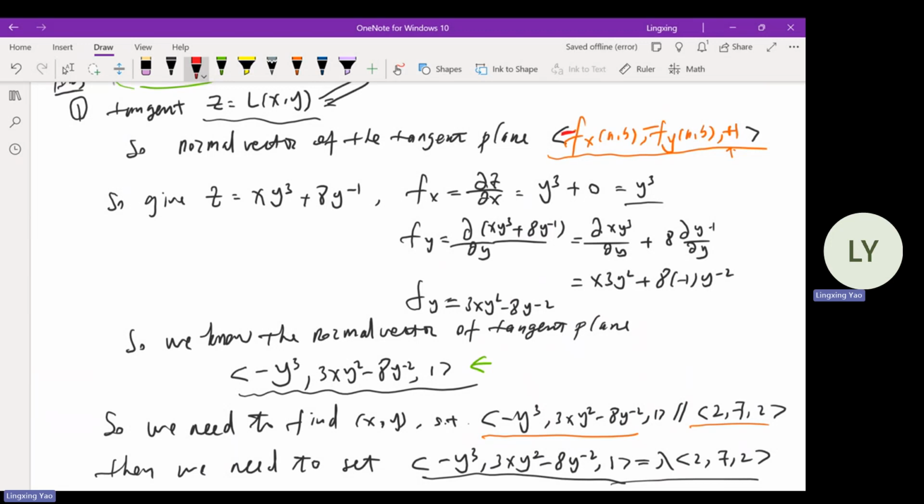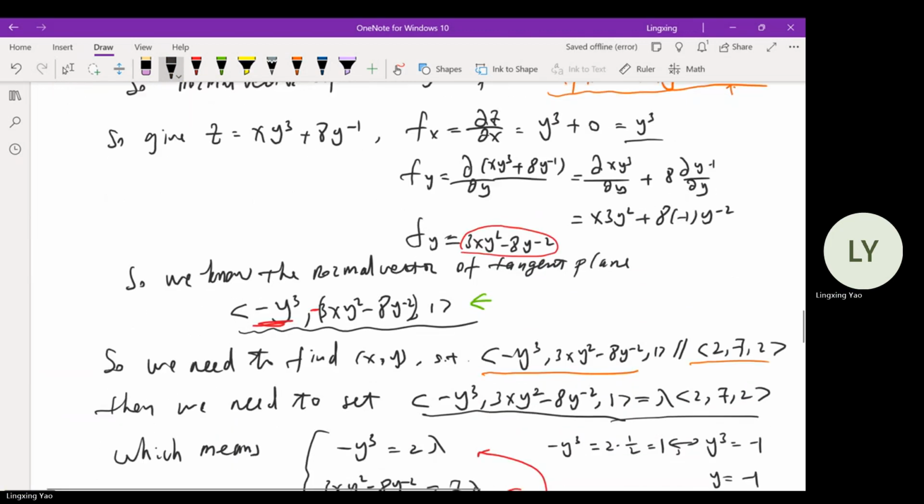This is negative, right? I think I forgot to multiply negative 1 to this. This is important. So this is negative.